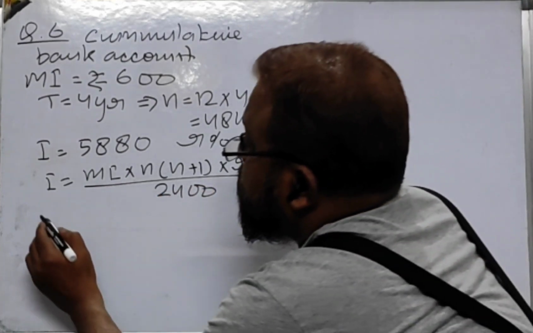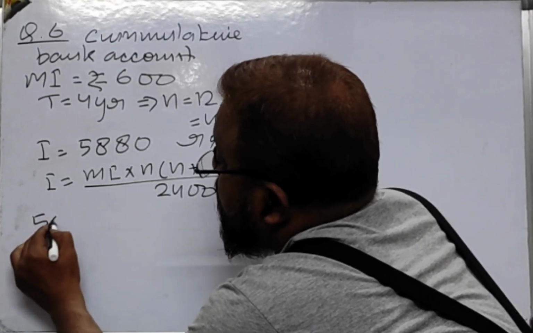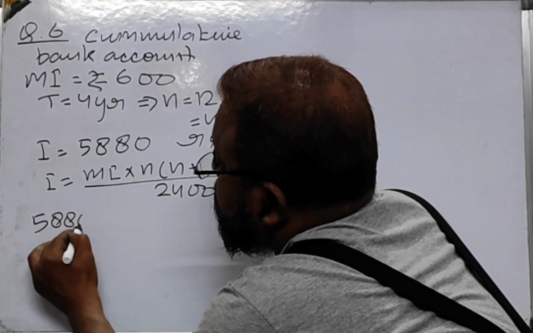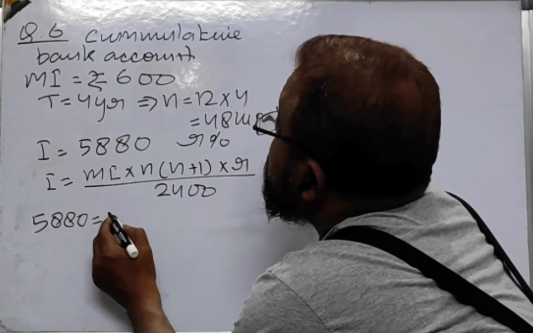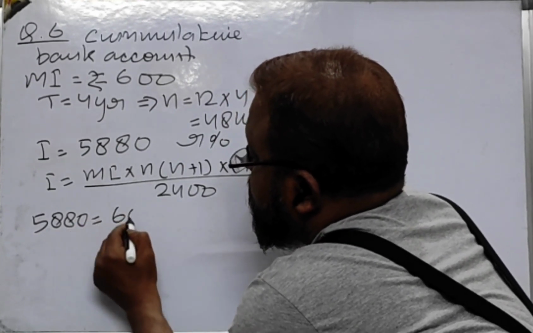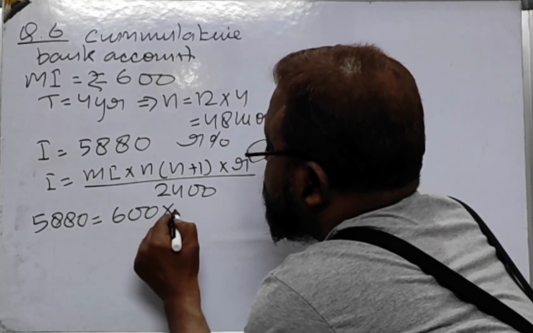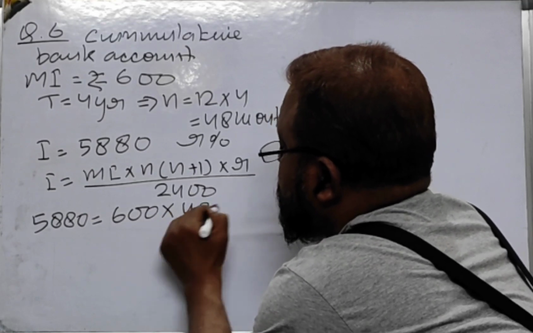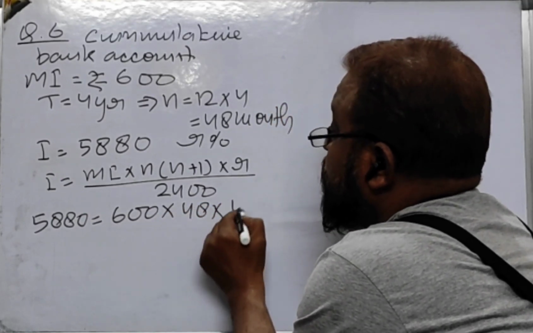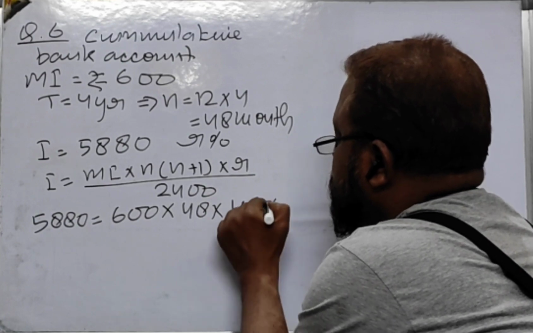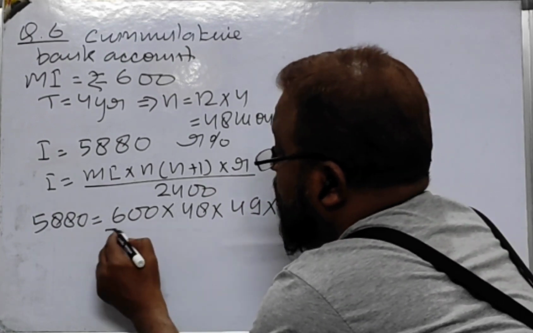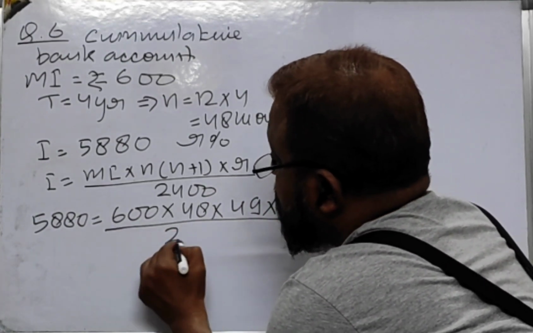Okay, so 5880 is equal to 600 into 48 into 49 into R upon 2400.